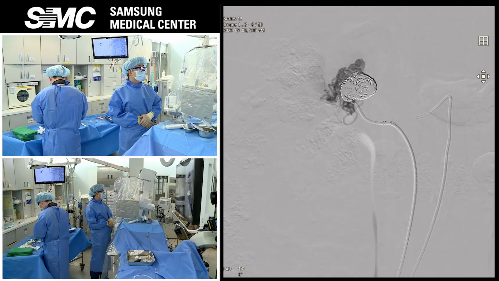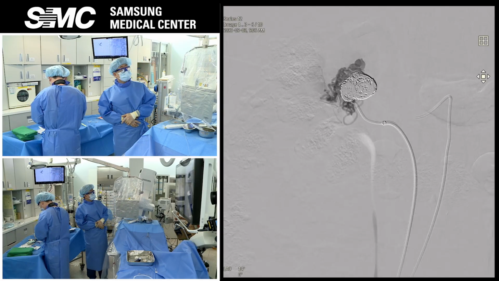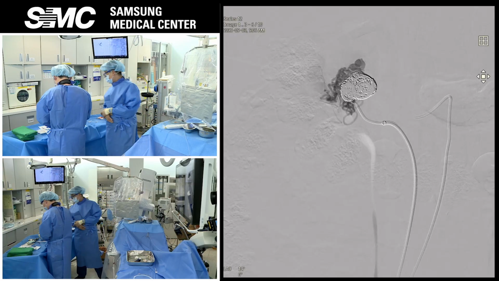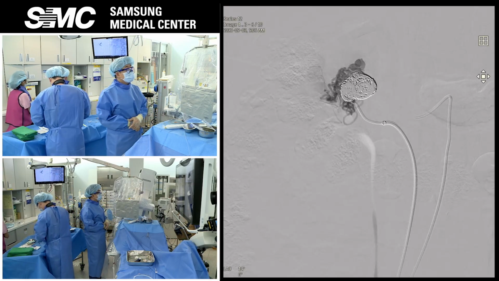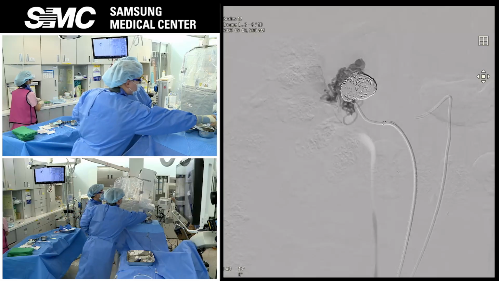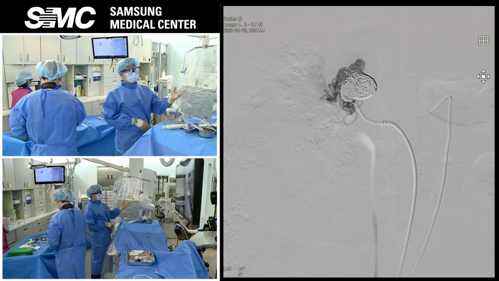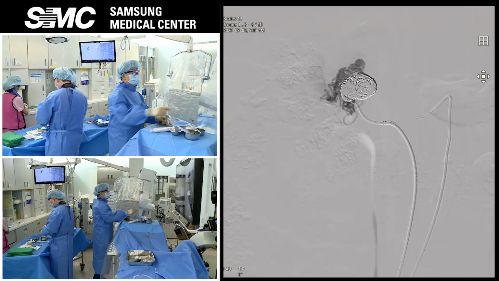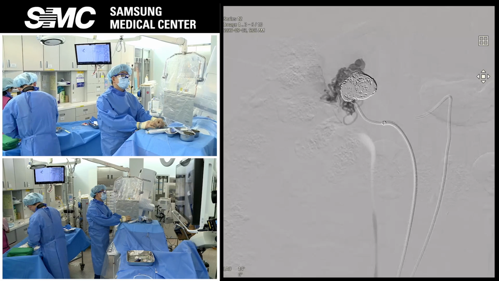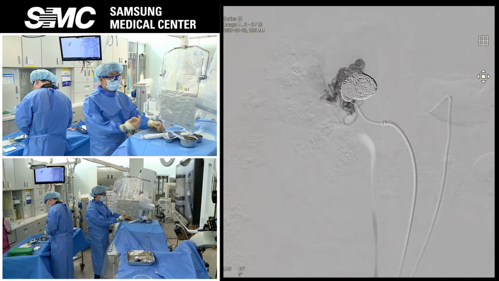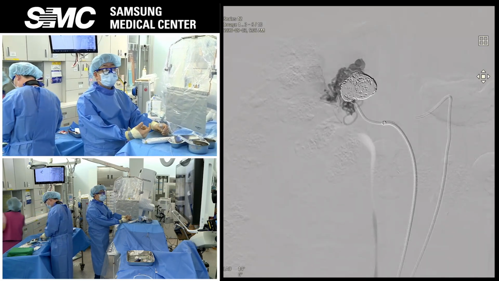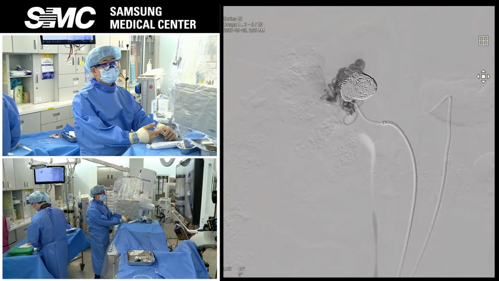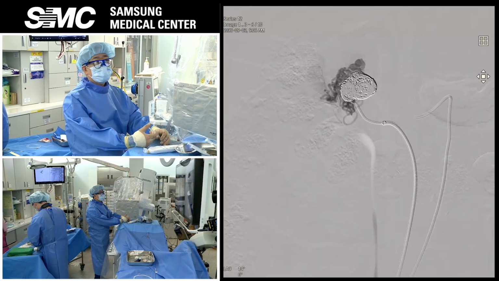That kind of strategy is the most reliable tool to treat type 2A AVM like this. However, we should keep in mind that ethanol should not be refluxed to the renal parenchyma. So we need repetitive angiograms to determine the speed of the ethanol and the total amount of ethanol injection to prevent normal parenchymal injury.